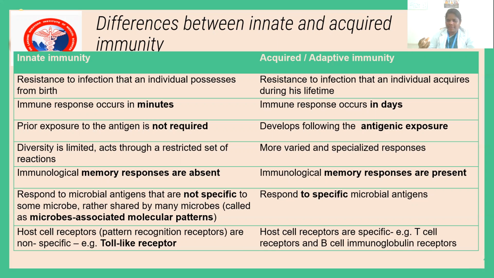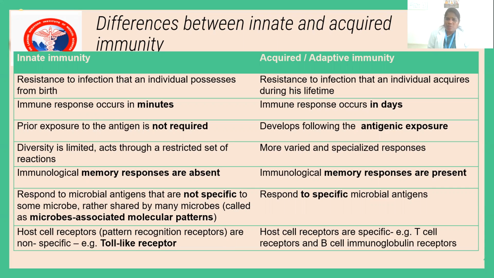If the antigen contains this, the host cell has a toll-like receptor, called a pattern recognition receptor. When the antigen has that microbial associated molecular pattern, it binds to the toll-like receptor, which is a pattern recognition receptor, and it reacts and kills the bacteria or any kind of foreign antigen. This is about innate immunity.